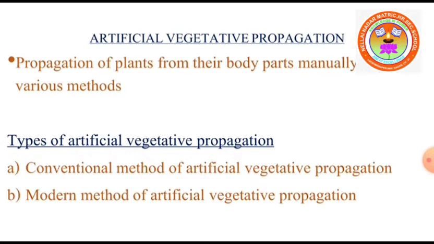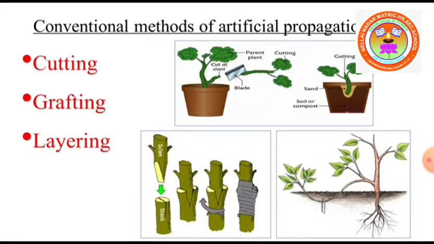So the artificial methods by which vegetative reproduction takes place in plants are of two types: the conventional method of artificial vegetative propagation and the modern method of artificial vegetative propagation. First of all, we are going to start with the conventional methods of vegetative reproduction: cutting, grafting and layering.